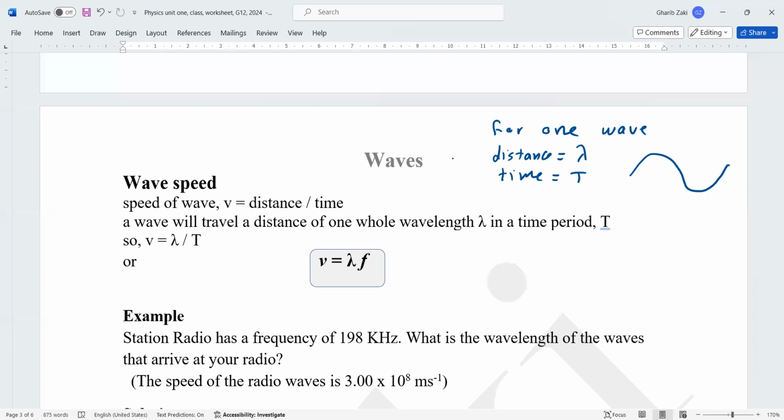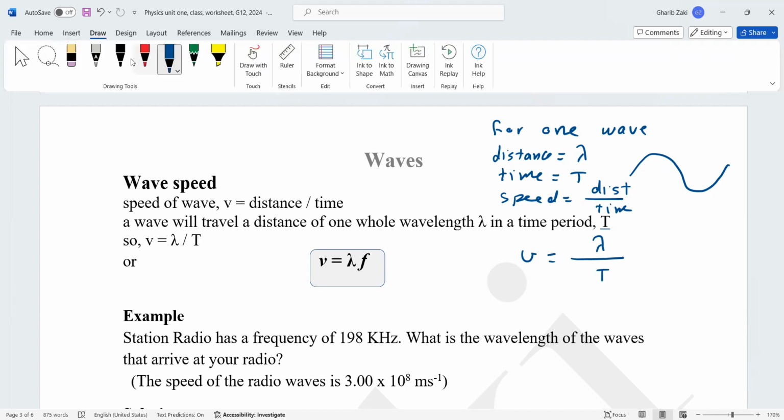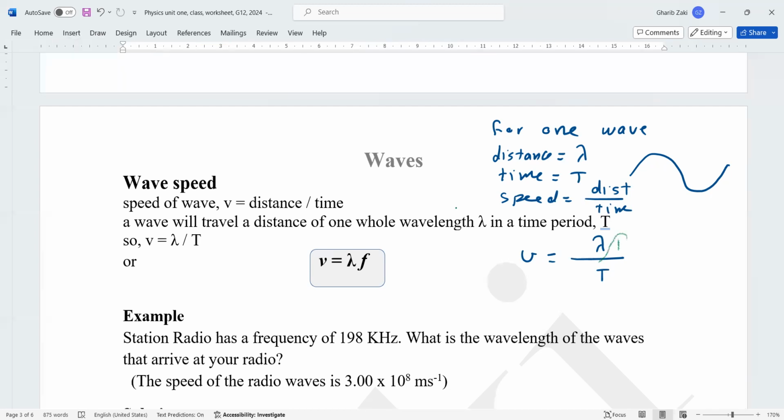What is the speed now of that point on the wave? So the speed, we know that, is the distance over the time. So the speed of the wave: the distance is the wavelength, and the time is the time period. But we studied at the beginning of the lesson that 1 over T is the frequency.